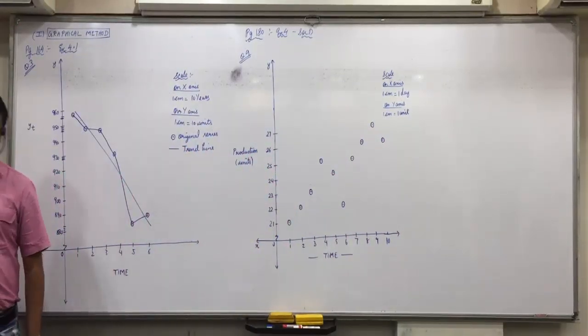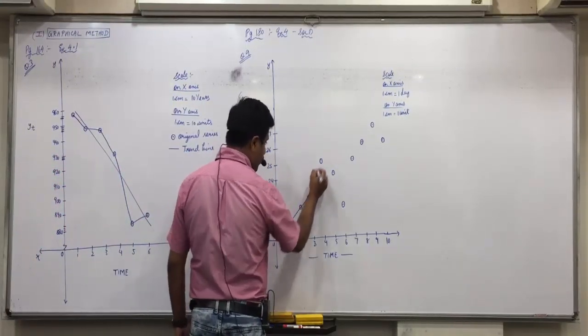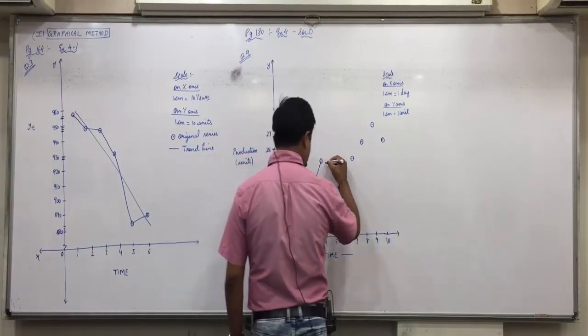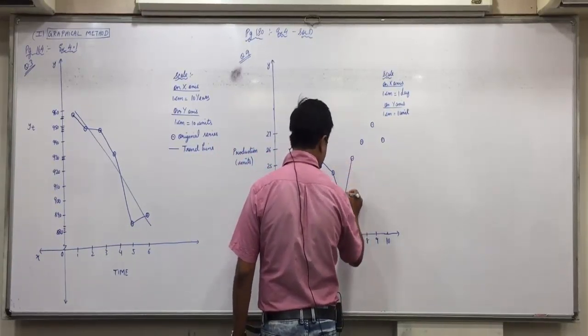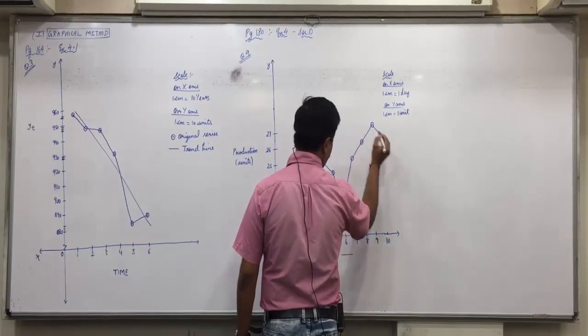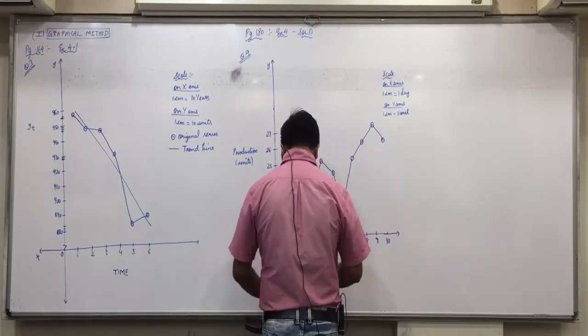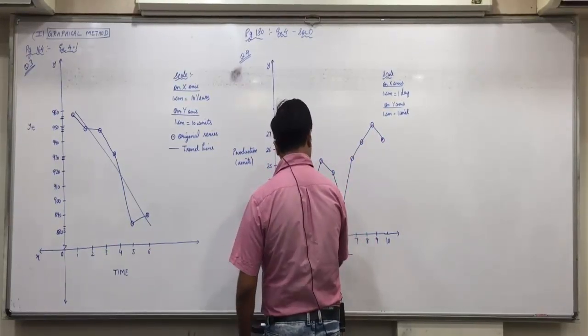Okay, first we'll join them with a straight line. Now, adjust your scale and make a line passing through all the points.